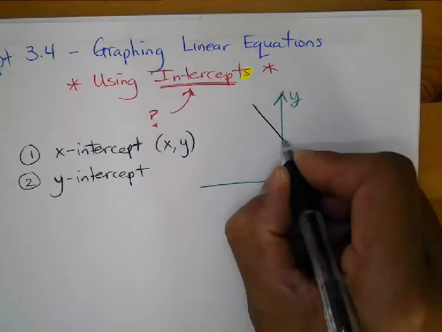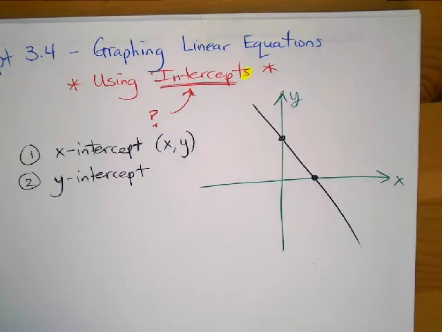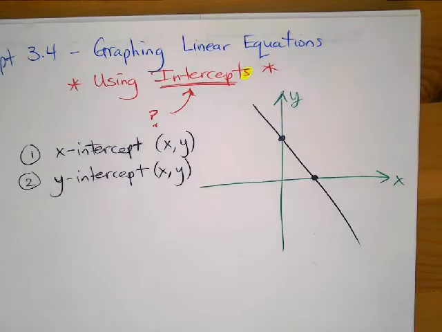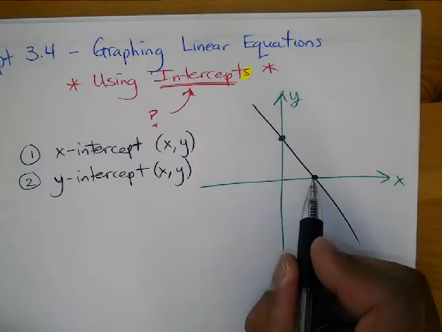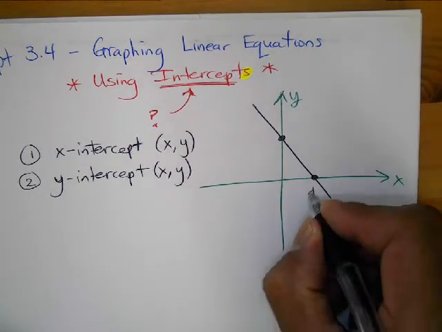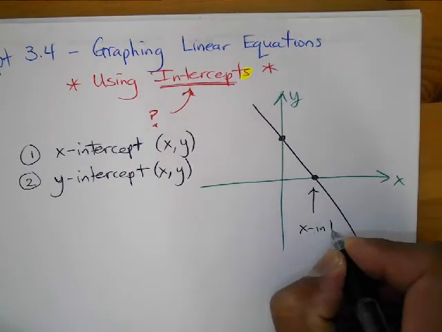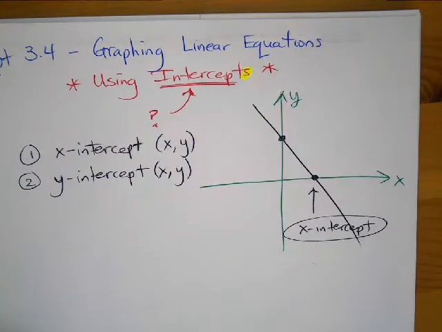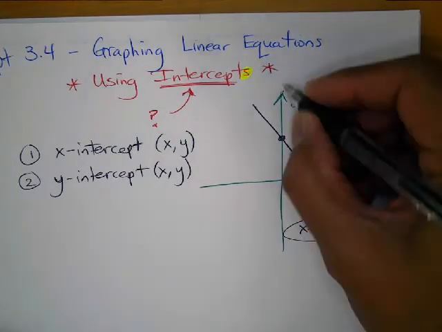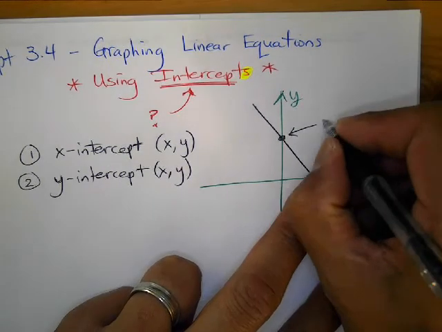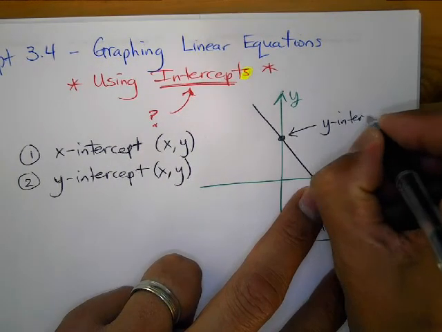And then your y-intercept is also going to be a second point, with its x and y coordinates. Where the line crosses the x-axis, that is the x-intercept, and where the line crosses the y-axis, that's your y-intercept.